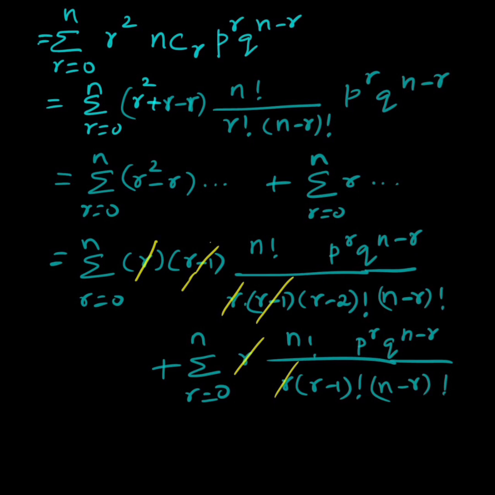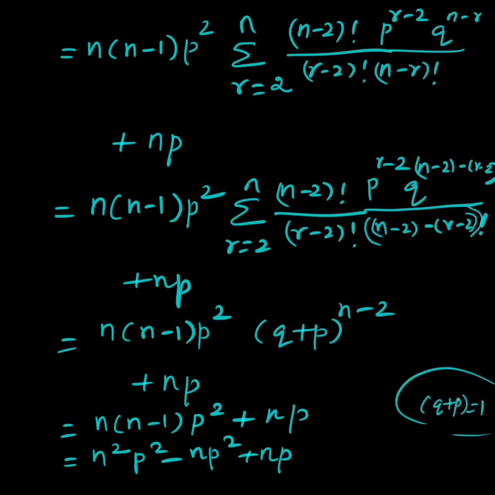So cancelling r and r minus 1, the remaining entries are n factorial p power r q power n minus r, and the denominator contains r minus 2 factorial n minus r factorial, and the second sigma portion is automatically np. Now, both the terms r and r minus 1 are cancelled. If we cancel both the terms, automatically r varying from 0 to n becomes r varying from 2 to n.